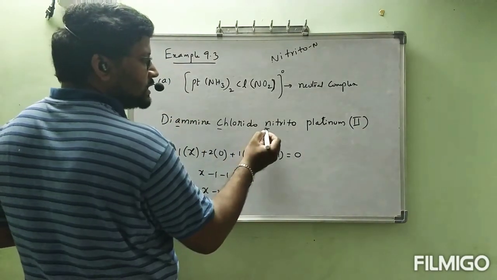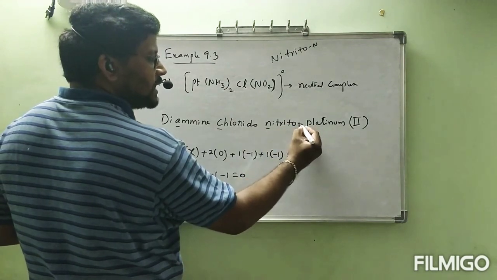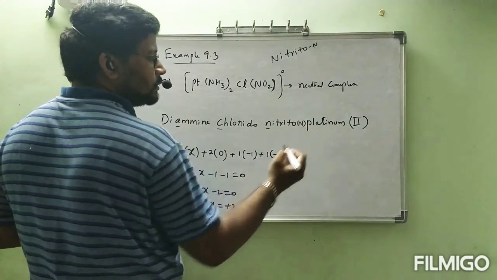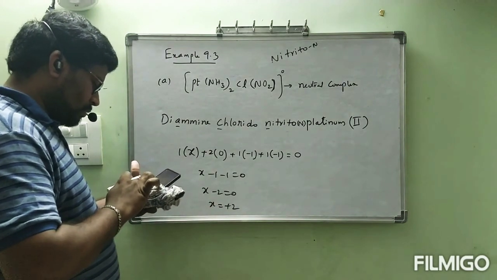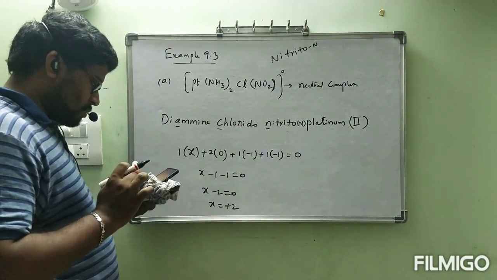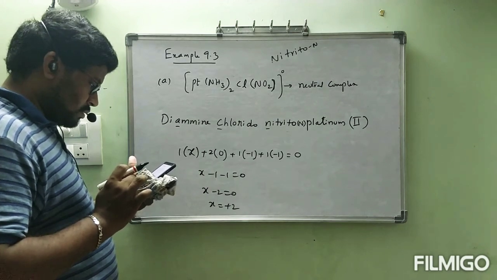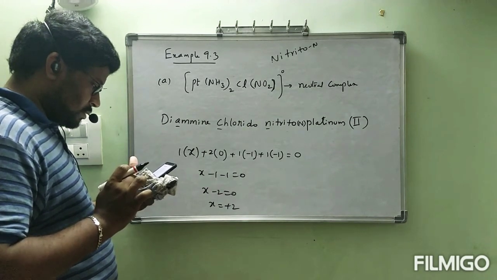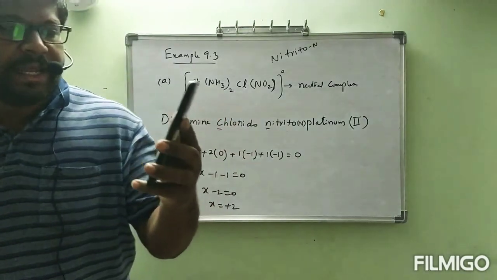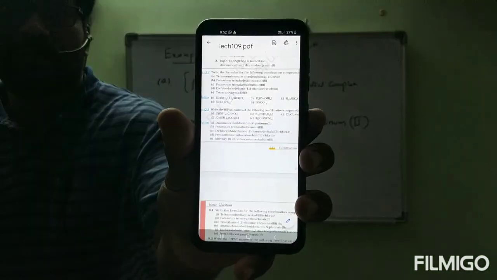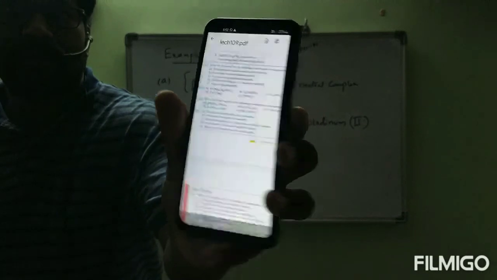Platinum 2. This is bonded with platinum by using N. Diamine, chlorido, nitrito-N, platinum 2.